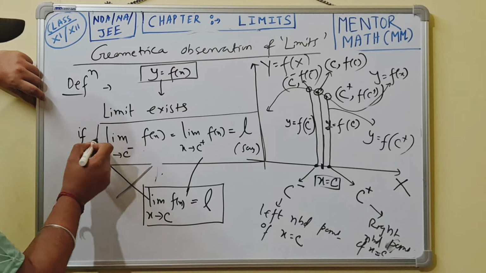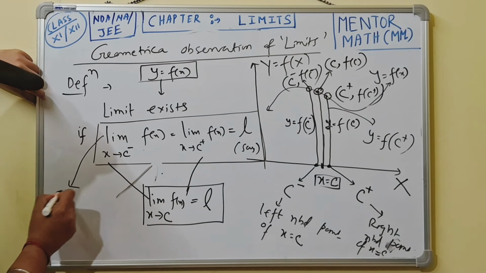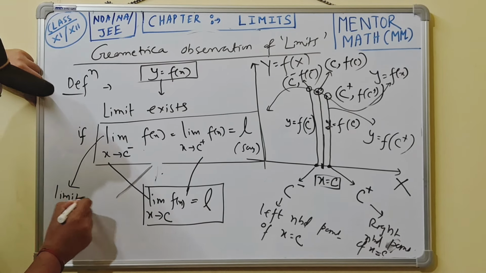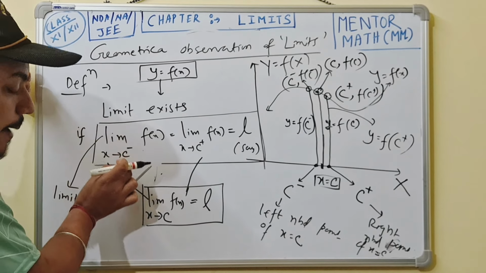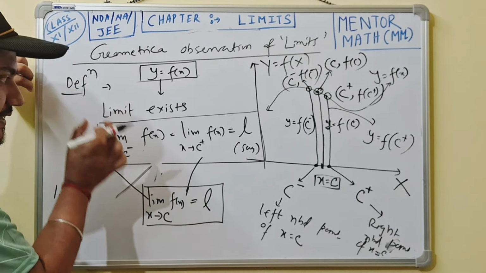What do you mean by lim? Lim means limit, and x tends to c minus means the left neighborhood point of x equal to c.